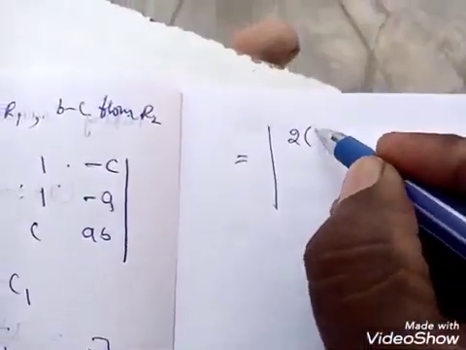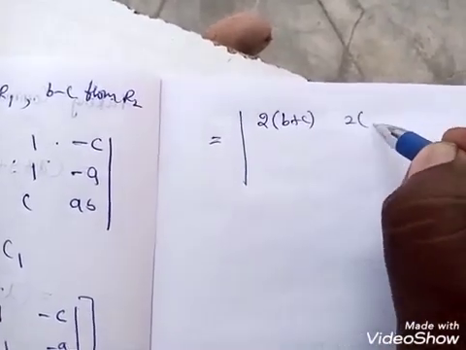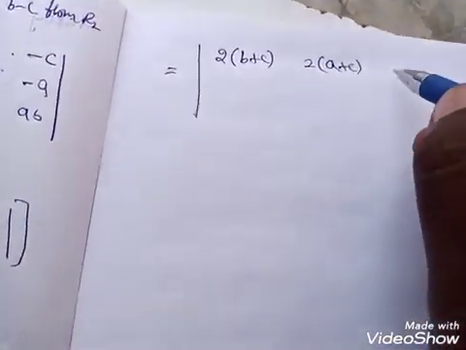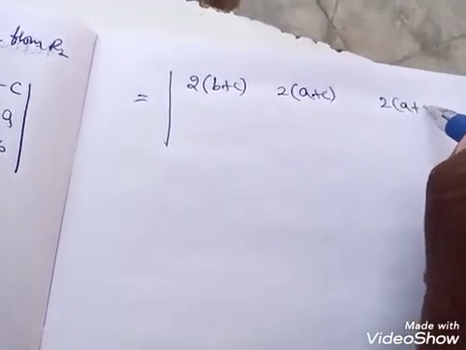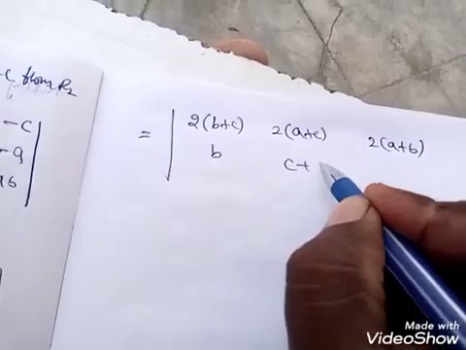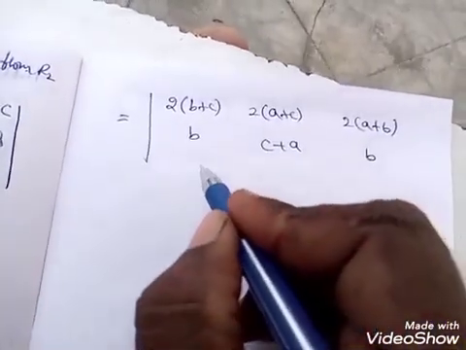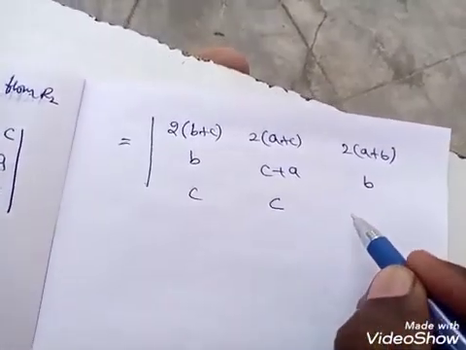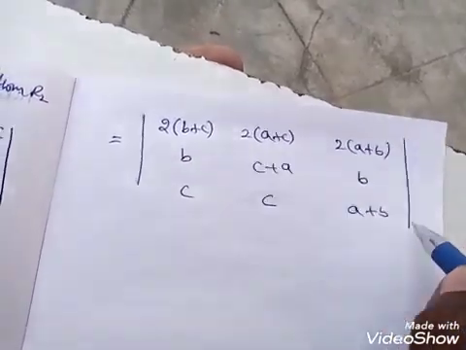That's why you can write 2 into (B plus C), 2 into (A plus C), 2 into (A plus B), with the remaining rows as they are: B, C plus A, B, and C, A plus B. Now what can we take common?